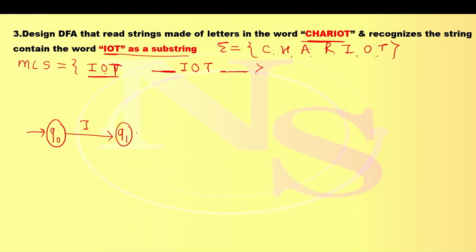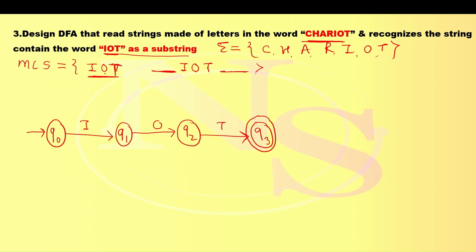Next symbol is O: Q1 reading O goes to another state Q2. Q2 reading the third symbol T. Our string should contain IOT as a substring, so IOT should get accepted. So Q3 is the final state. I am making Q3 a final state, so IOT gets accepted. As usual, once we design the DFA for our main condition, we start making the automaton deterministic.